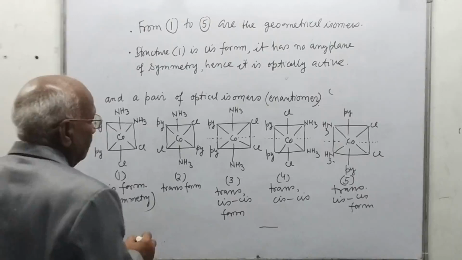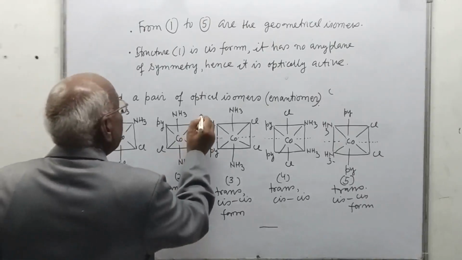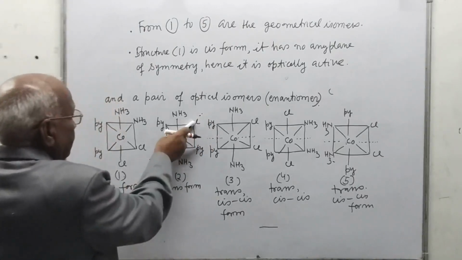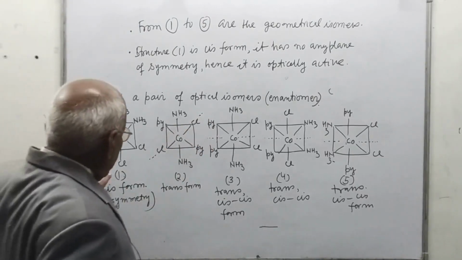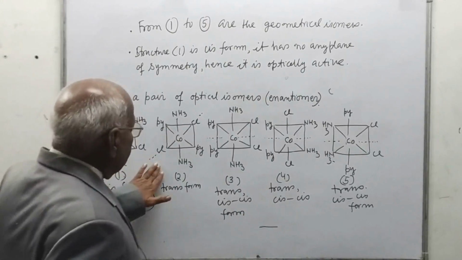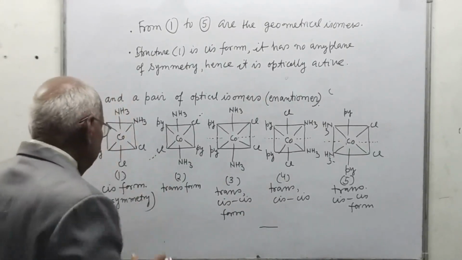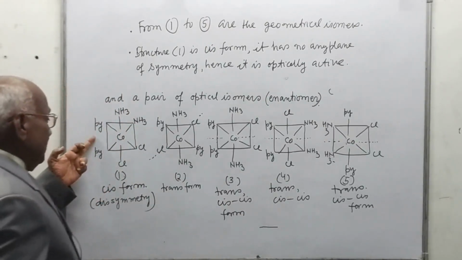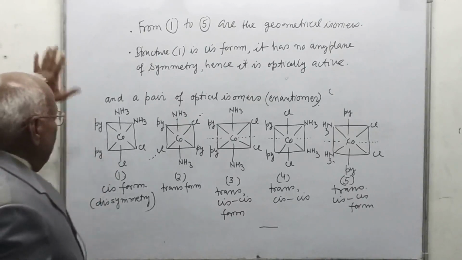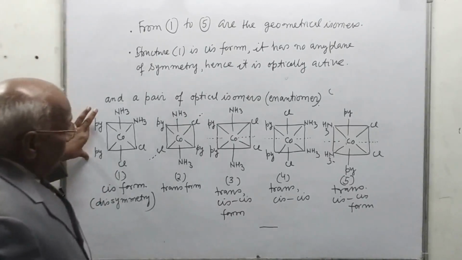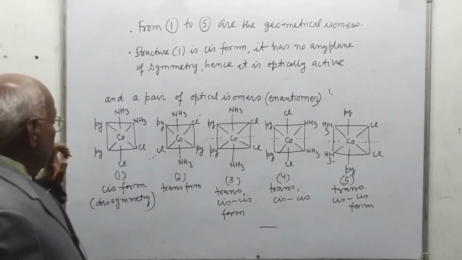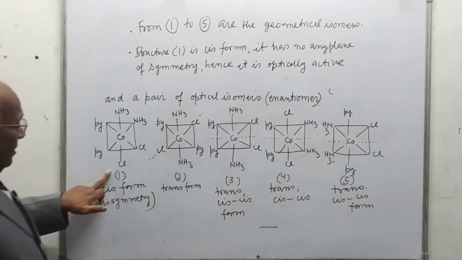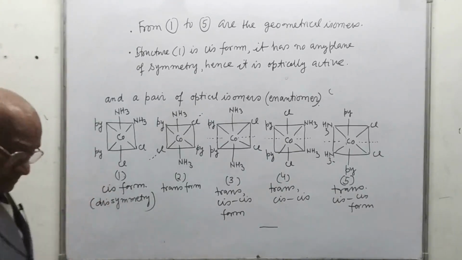From 1 to 5, all structures are geometrical isomers, but form 1 is optically active because it has no plane of symmetry. If you cut in any plane, it has no equal half. So the first form is geometrical as well as optically active, an optical isomer.